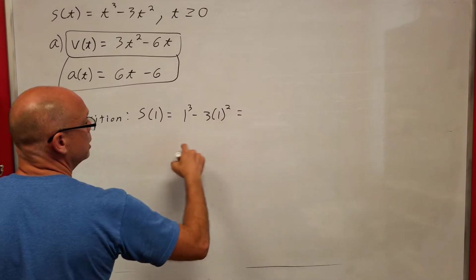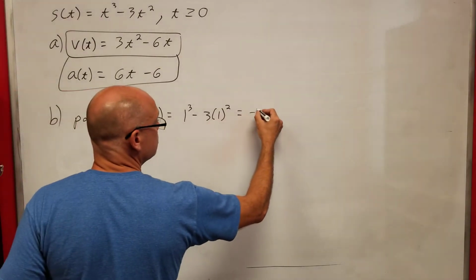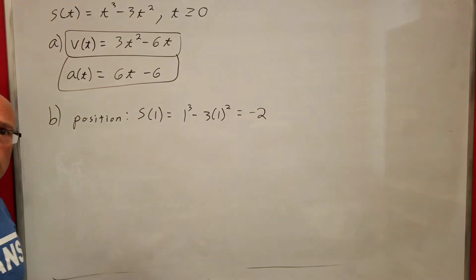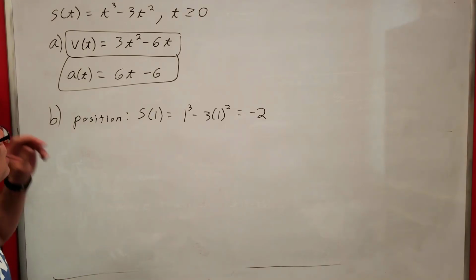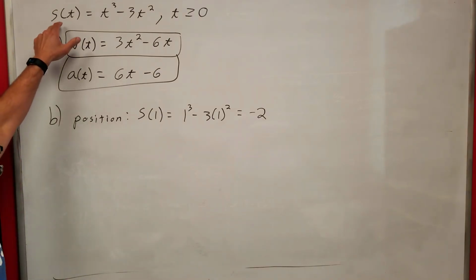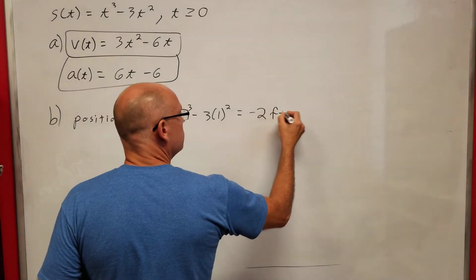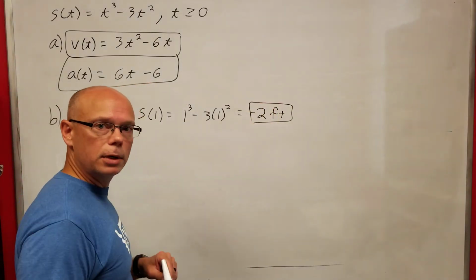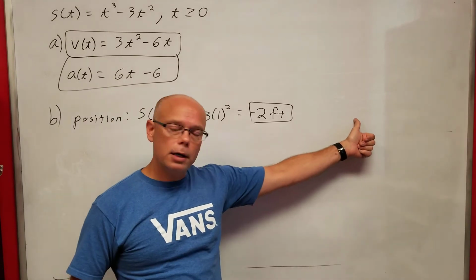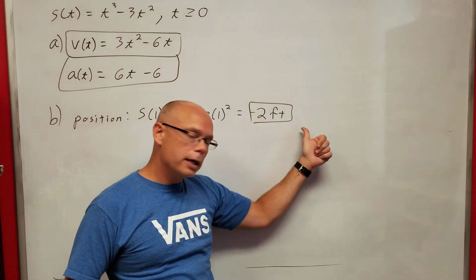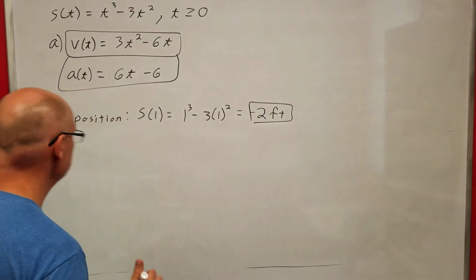What does that give me? -2. Since the position's in feet, we have -2 feet. What does that mean? At 1 second, the position's at -2 on the number line, basically.